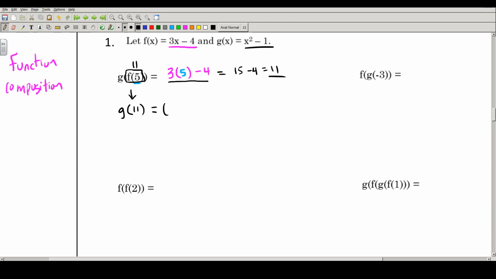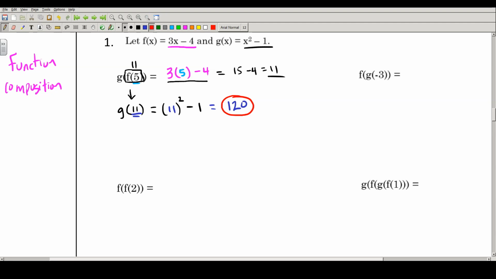So it's x squared minus 1. In this case, our input is 11, so I'm going to plug in 11 squared minus 1, which is 121 minus 1, which is 120. So this problem gives us an answer of 120.